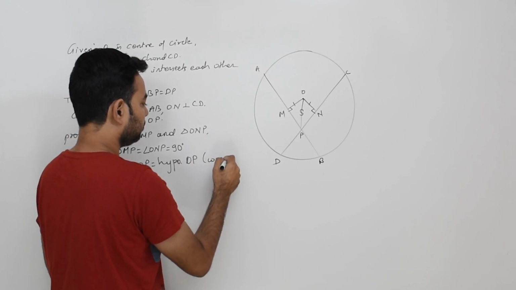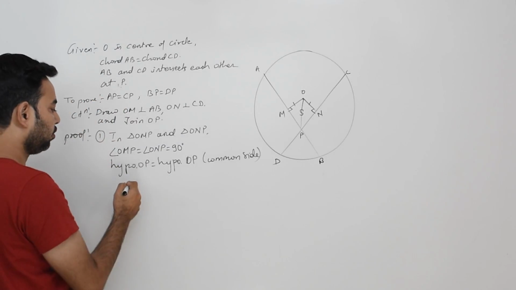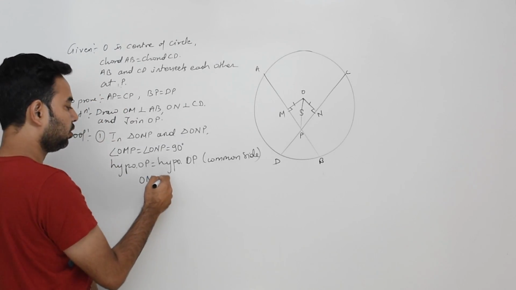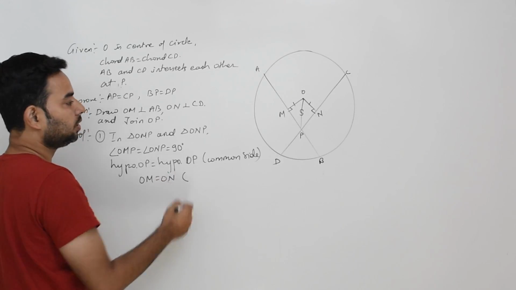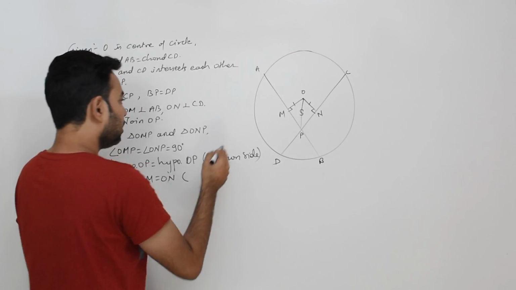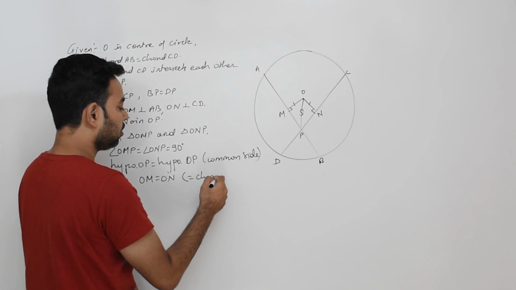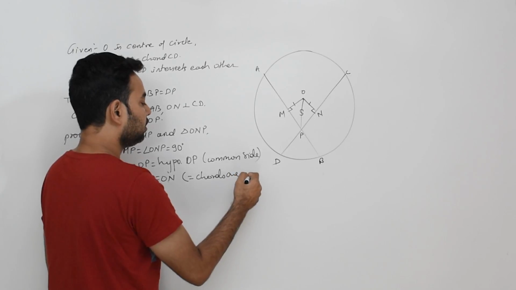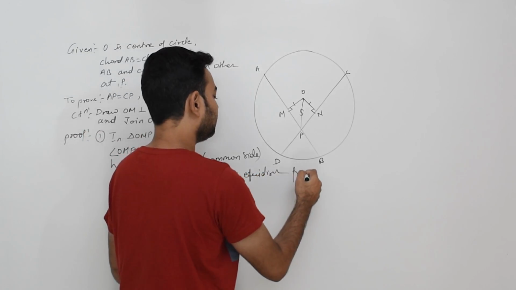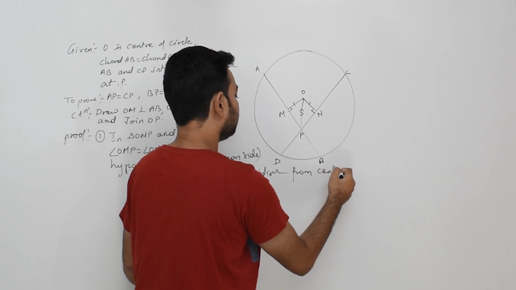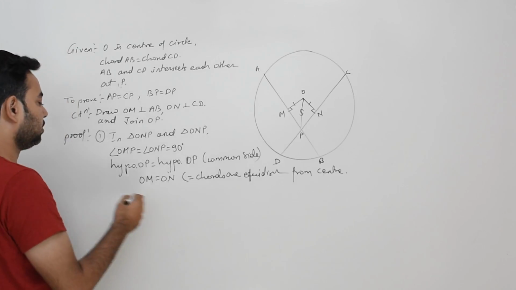Then OM is equal to ON. If OM equals ON, what does it mean? Equal chords are equidistant from the center.